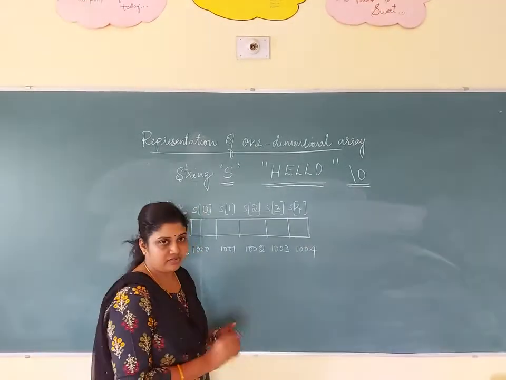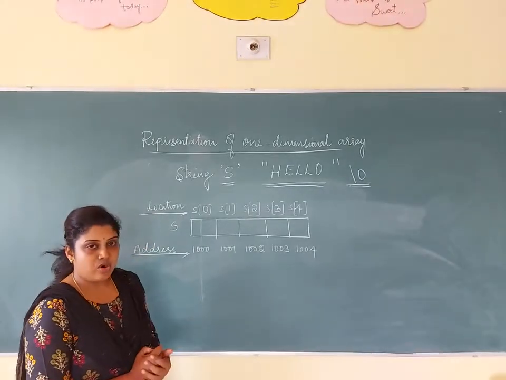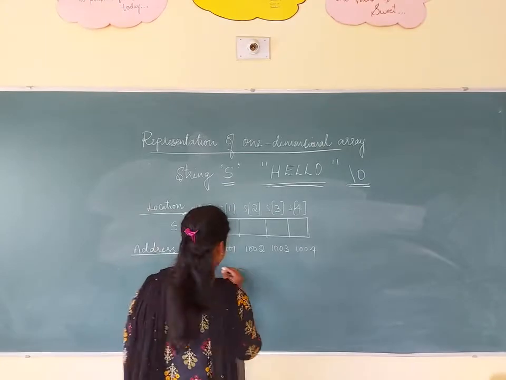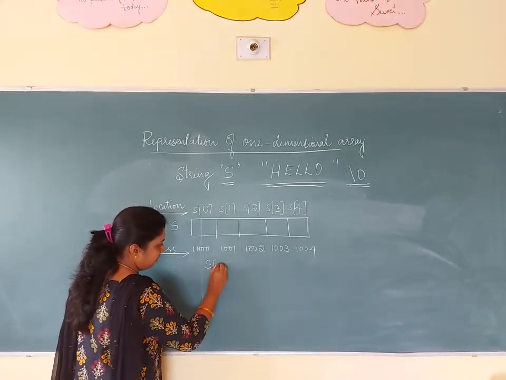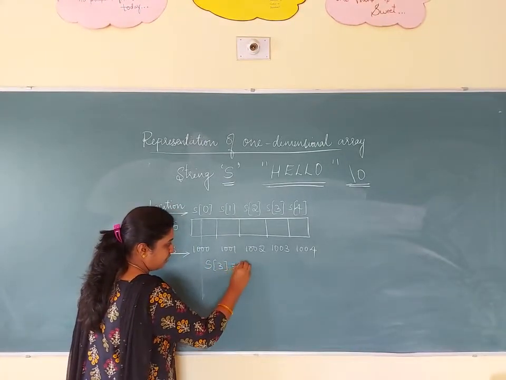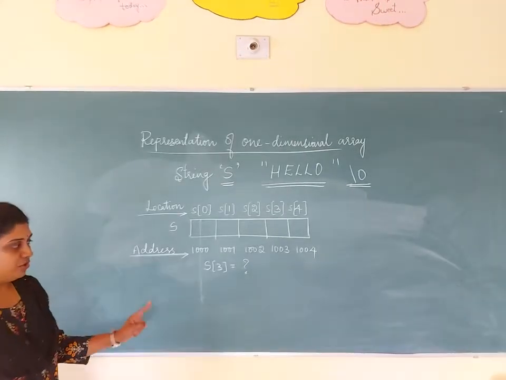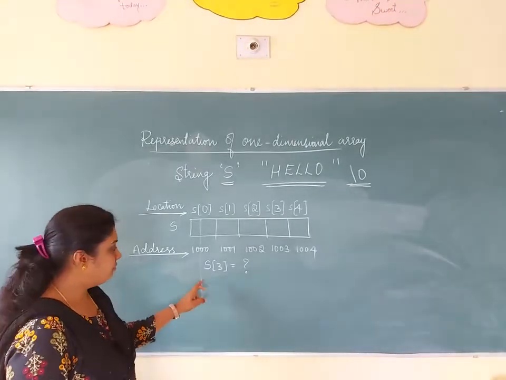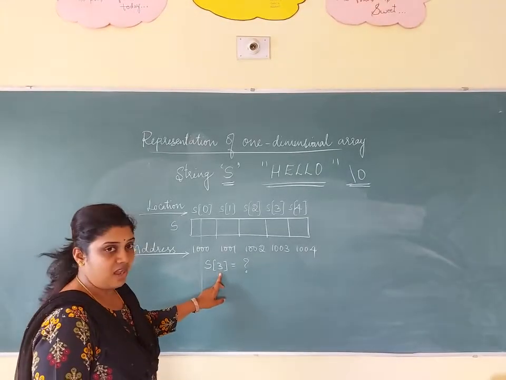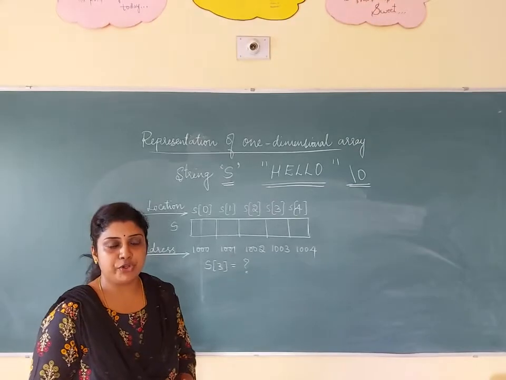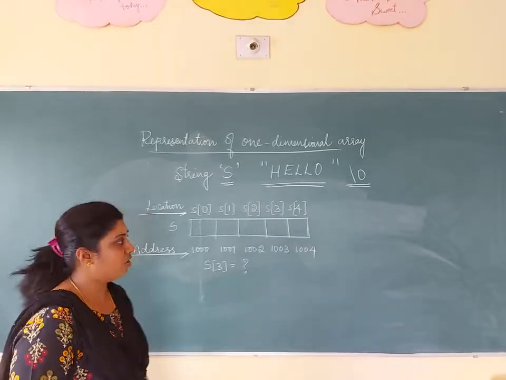This is the address I have given. Now I want to calculate the address of S of 3. What is the address of S of 3? That is 1003.